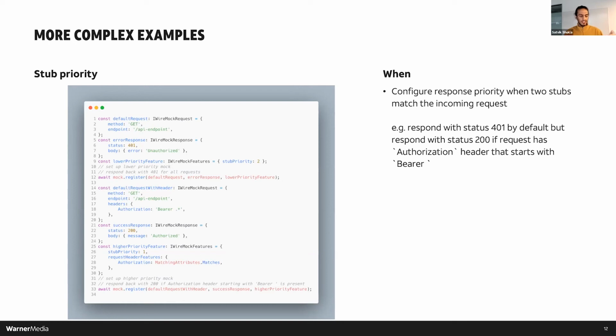Because the second mock has a higher priority, so 1 is higher than 2. So if a request matches against both the mocks, or even more than 2, there can be 10 different mocks, whichever mock is returned back is going to be the one with the highest priority, right? So this is helpful for testing some of the edge case scenarios.